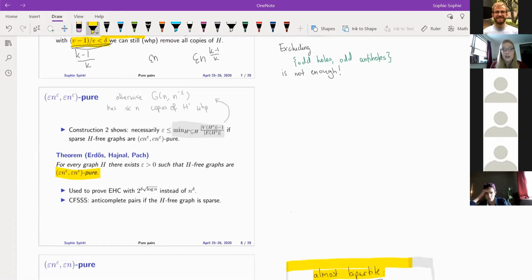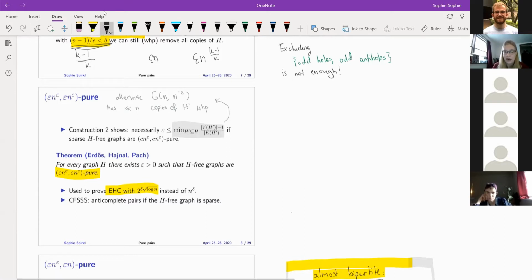But then it does work, there is such a constant, and in fact, this was used to prove an approximate version of the Erdős–Hajnal conjecture, where Erdős–Hajnal and Pach showed that while we don't know how to get a clique or stable set of size n to the delta, we do get something of size e to the delta square root log n, which is nice because while it doesn't prove the conjecture, it does distinguish H-free graphs from general graphs.